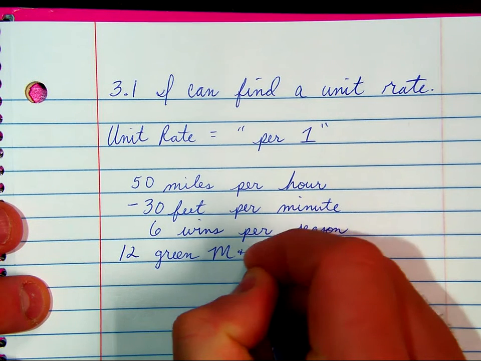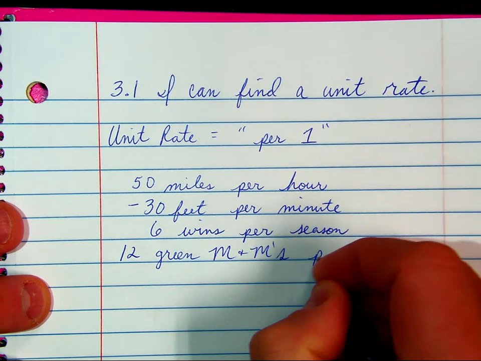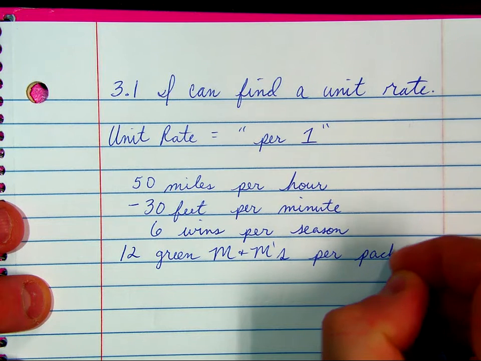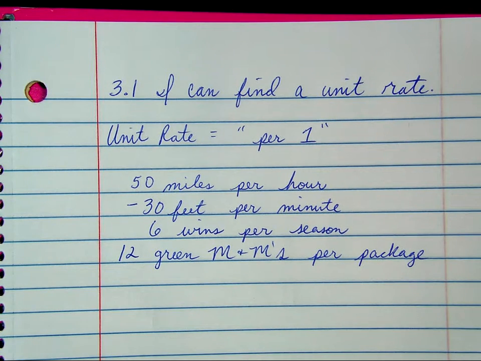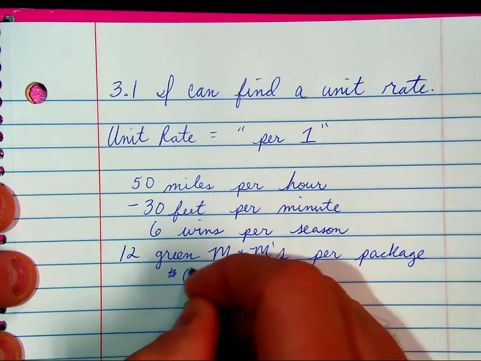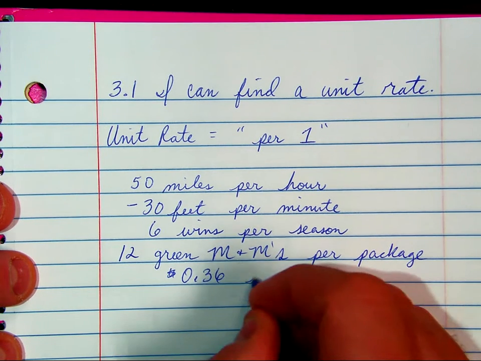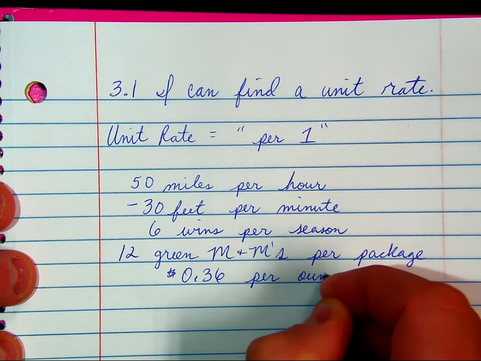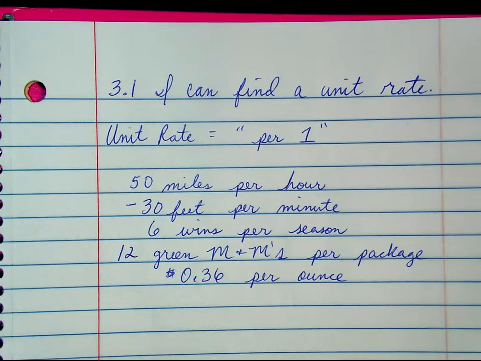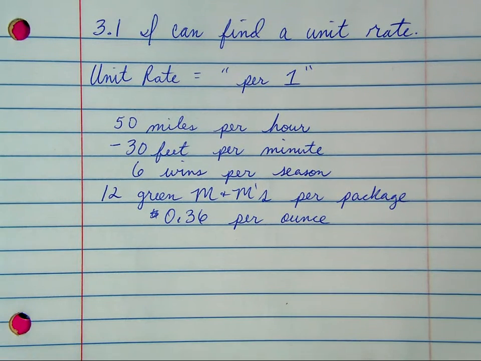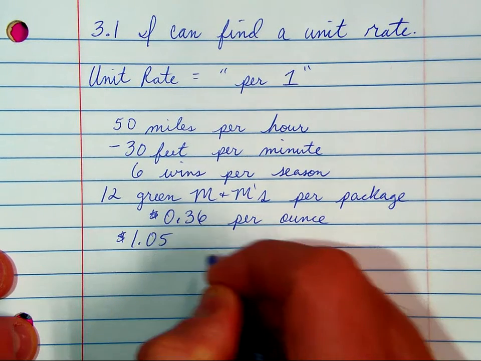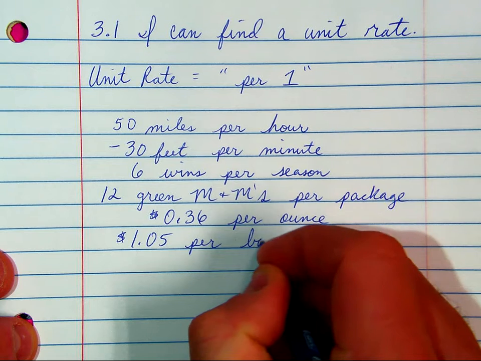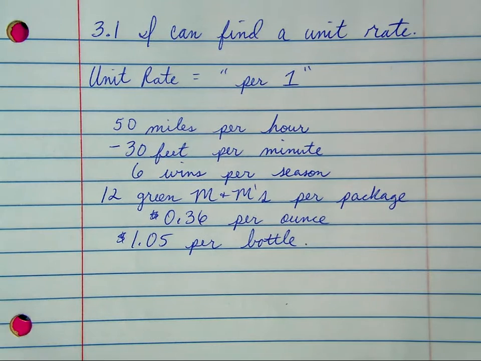Green M&Ms per package. 36 cents per ounce. $1.05 per bottle.